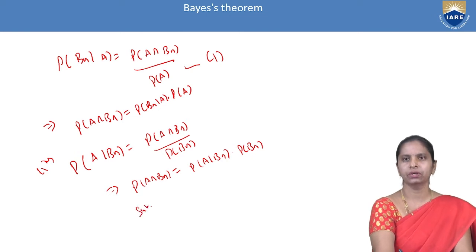Now substitute P of A intersection Bn from equation 1.